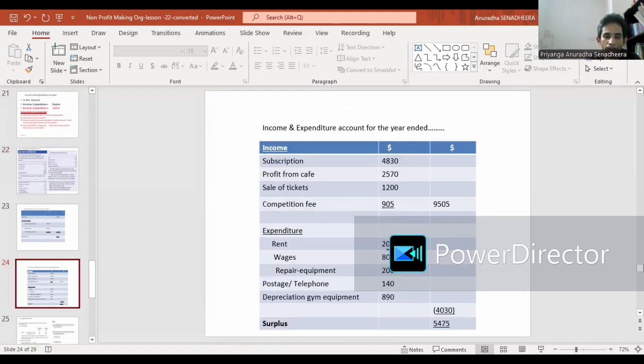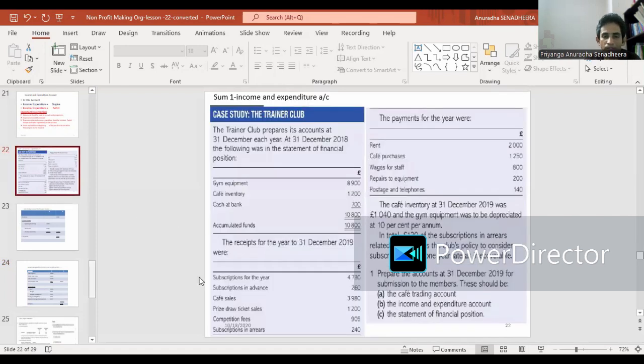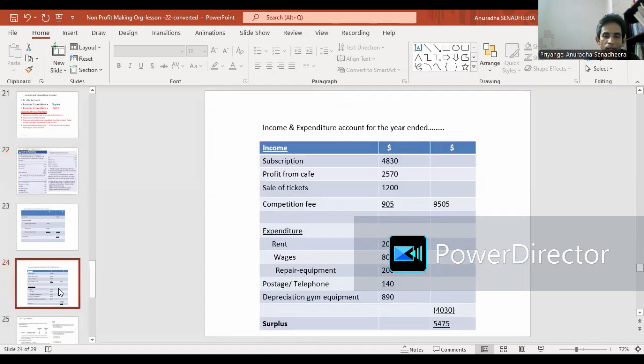Everything's there. But the important thing is there's depreciation. It says the gym equipment was to be depreciated 10%. The gym equipment figure is given here, 8,900. So 8,900 times 10% is 890. Now we have recorded all the expenditure.